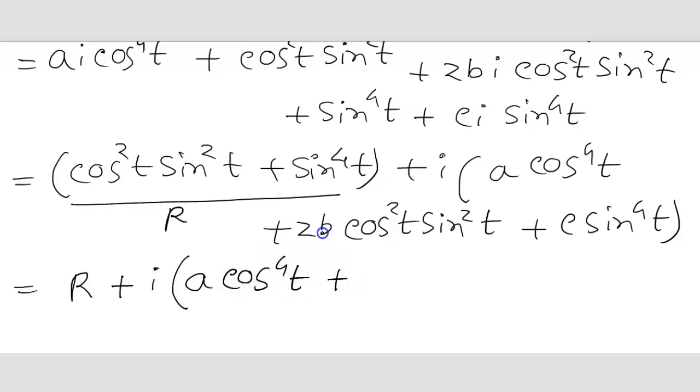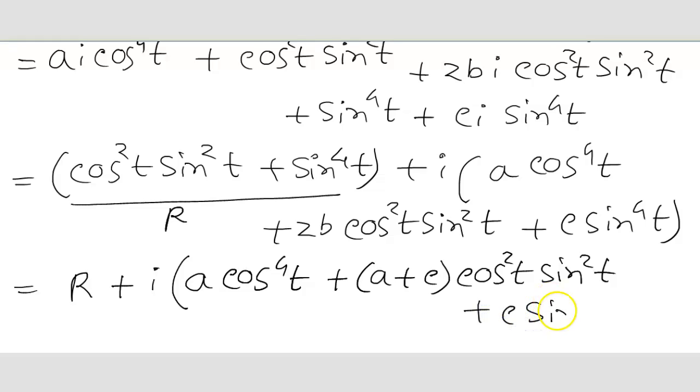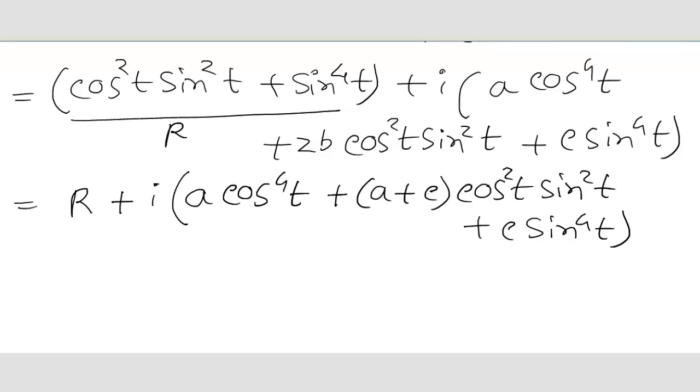In the place of 2b we will put a plus c, and then it will become like this. Now if we expand this whole thing, it will be a great big thing like this.